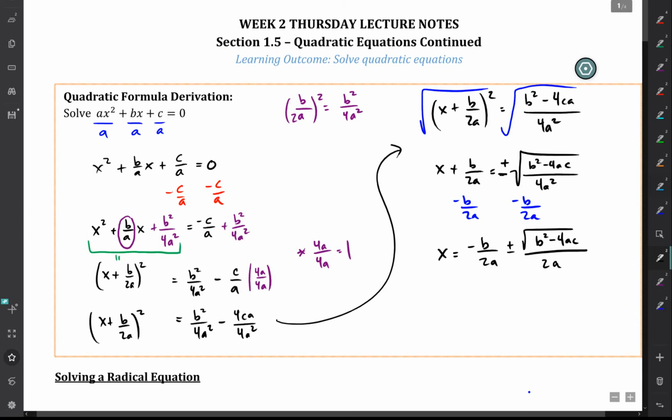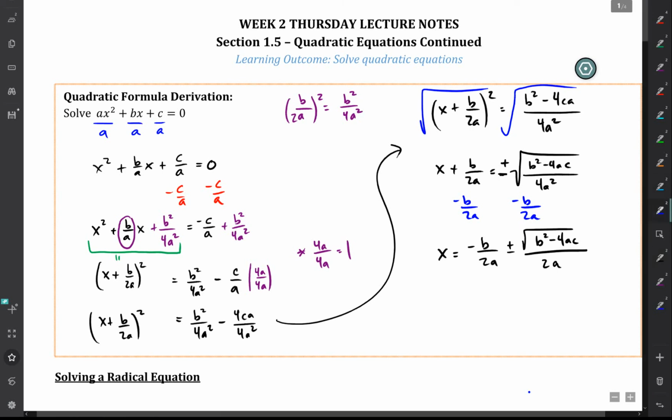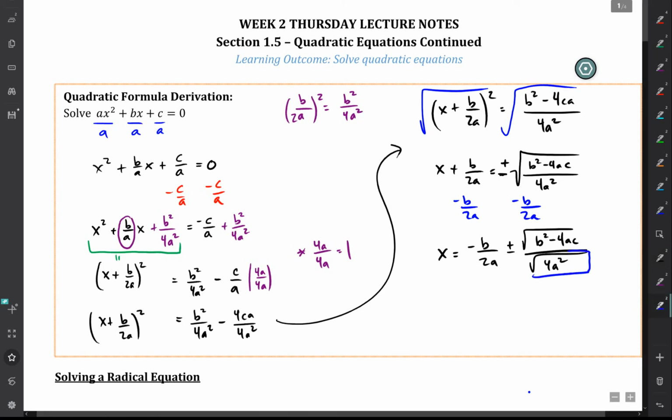And so you might be wondering what just happened in that last step. What I'm doing is breaking this up as the square root of b squared minus 4ac over the square root of 4a squared. But then the square root of 4a squared is 2a. So this right here is equal to 2a. So I can get a common denominator there as well.